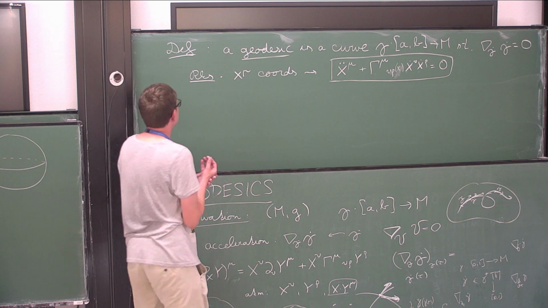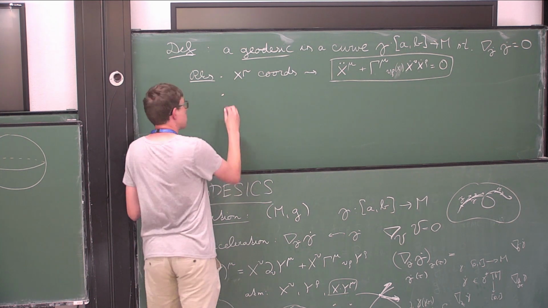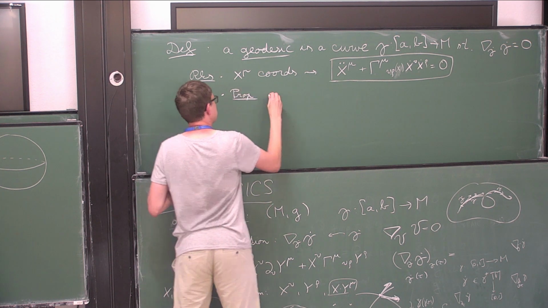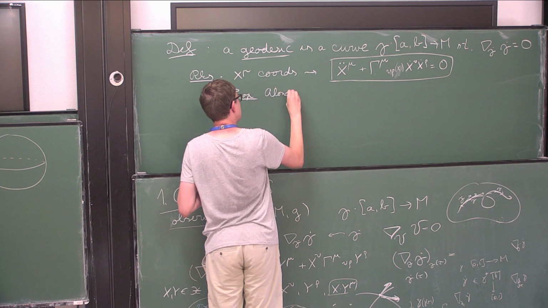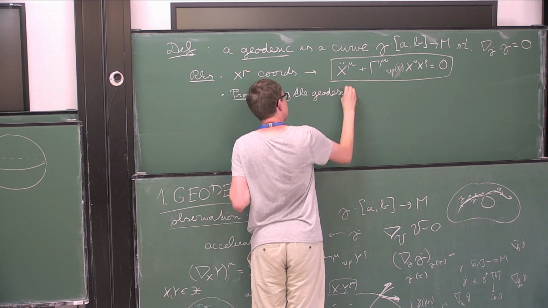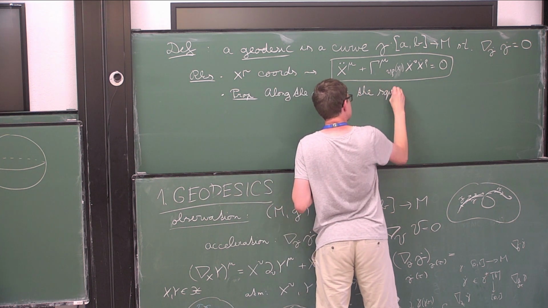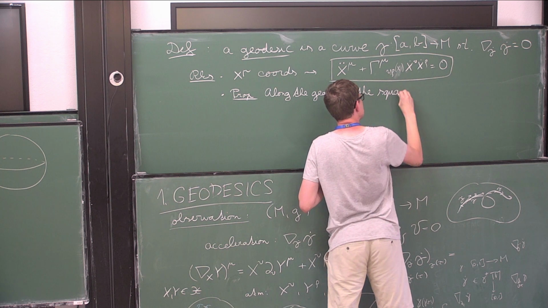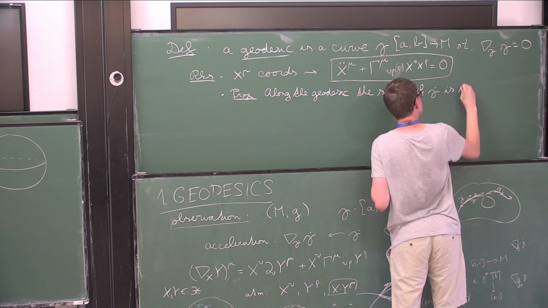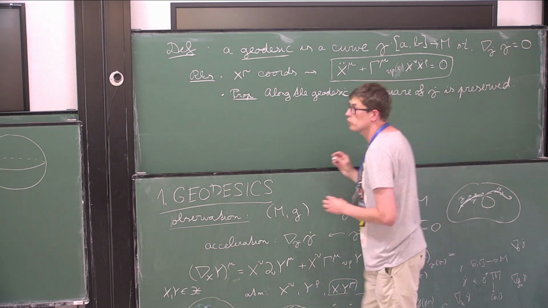Okay, now remark number 2, a small proposition. It says that along the geodesic, the square of the velocity is preserved, or the norm of the velocity. The square of gamma dot is preserved. How do you show this?